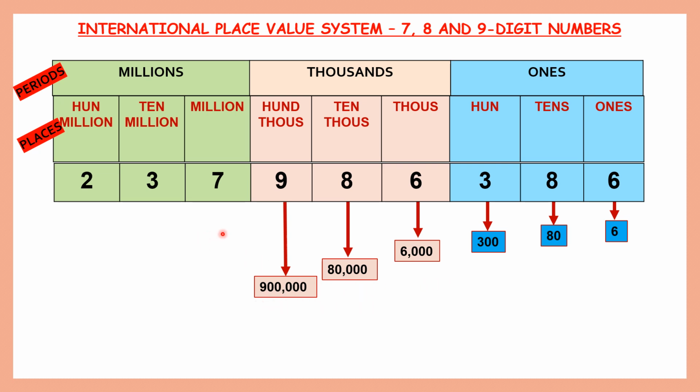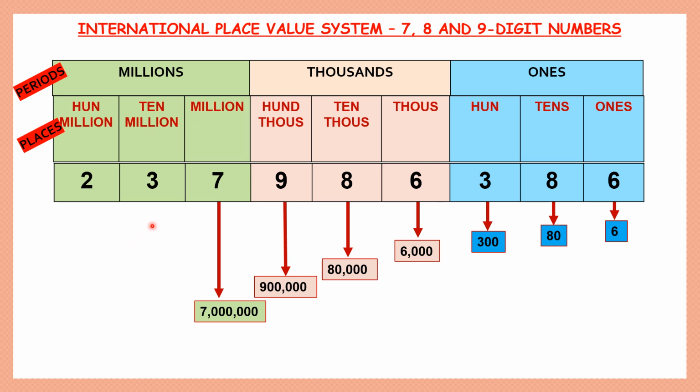Now let's go on to the millions period. 7 is in the millions place. So that is 7 into million is 7 million. Million will have a number followed by 6 zeros, as you can see. So that means this is a 7-digit number. So a 7-digit number is in the millions in the international place value system.